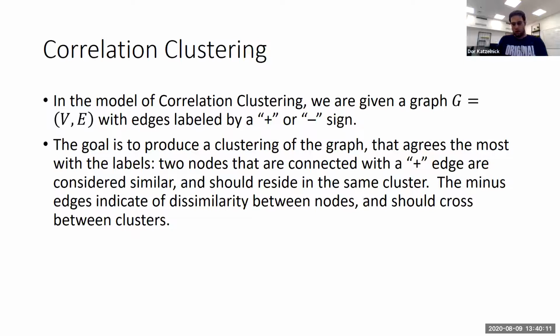The goal is to find a clustering of the graph, which is basically a partition of the nodes in the graph, that agrees the most with the labels of the edges. For example, a plus edge should be inside a cluster, and a minus edge should go across clusters.